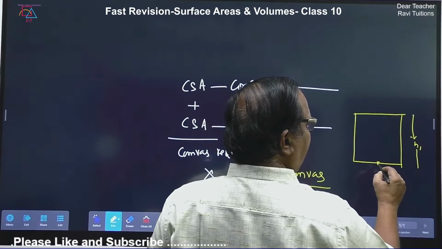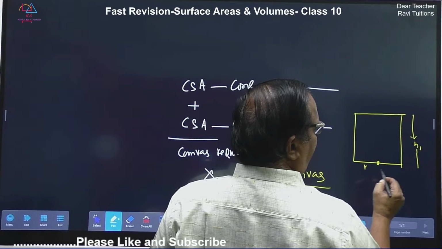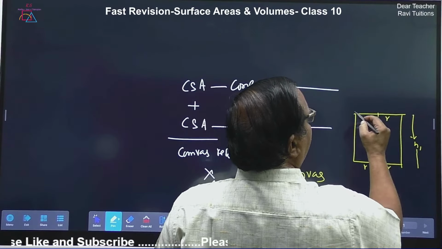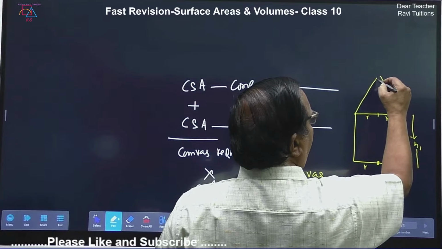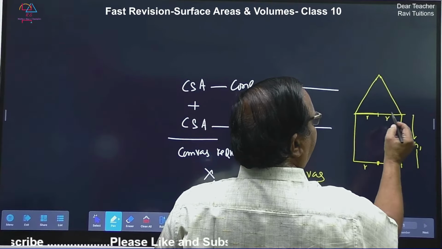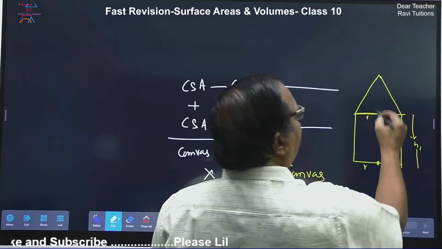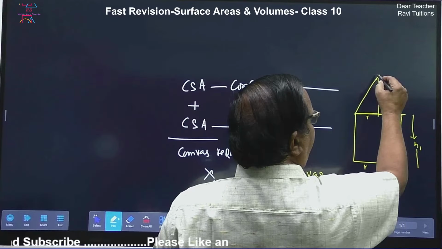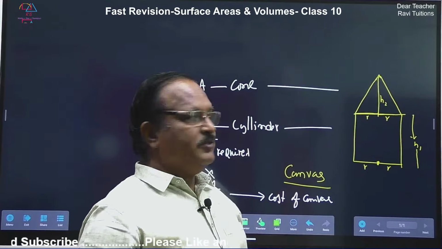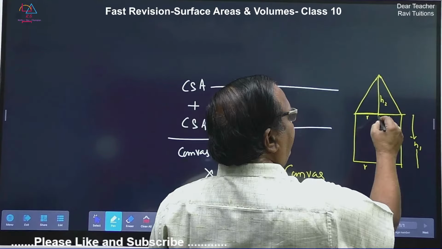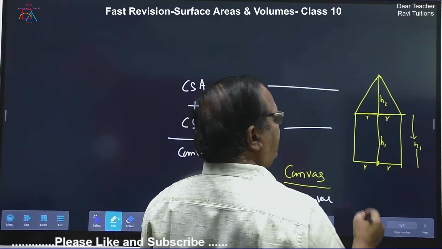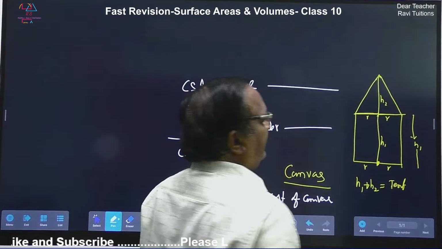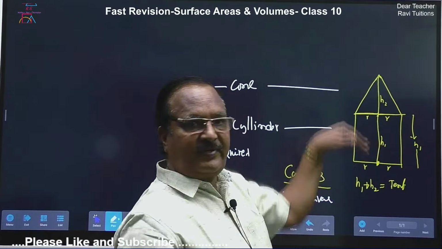In between, this is the radius, and this is the radius. Suppose a cone is there on the top. The cone radius and cylinder radius are the same. Now this is H2, the height of the conical portion, and H1 is the height of the cylindrical portion, and H1 plus H2 is the height of the tent.